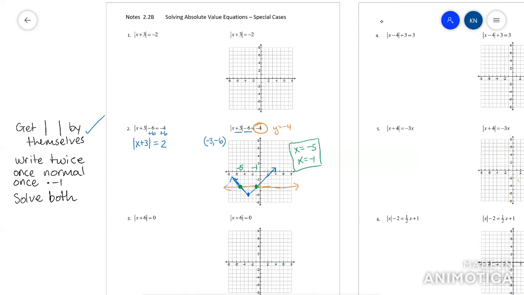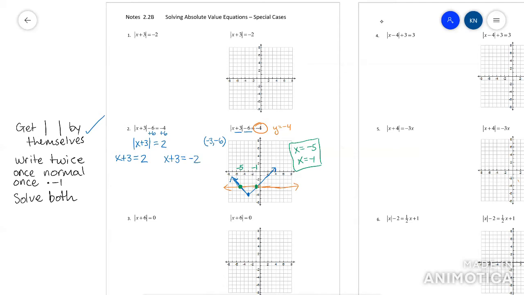Let me show you what I mean by this. I'm going to take this right here. I'm going to drop the absolute value bars. I'm going to write it twice. Once is normal, and then once where my answer equals -1 times whatever was there. -1 times 2 is -2.